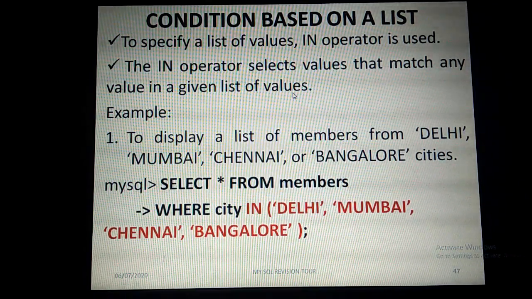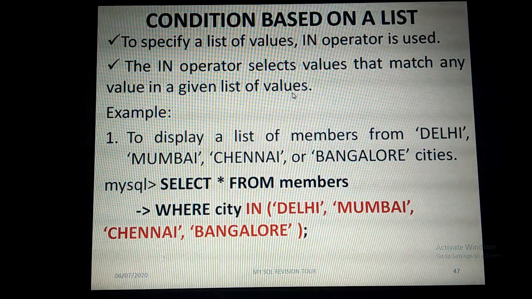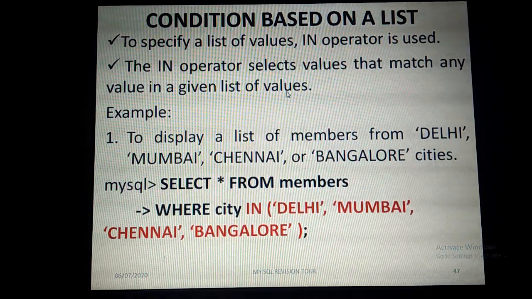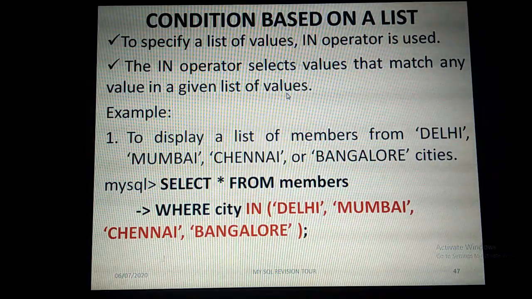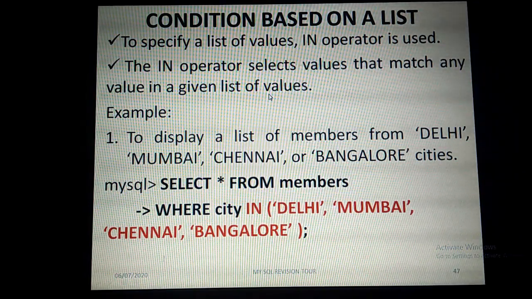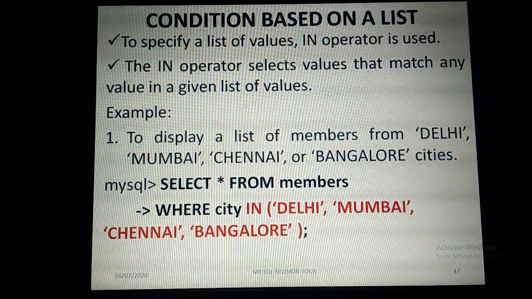So whatever values we want to match and display with the base table, if a match is found, those values are going to be displayed with the in operator. But with the not in operator, if the values don't match, only the remaining values will get displayed. Whatever values are not matching, those unmatched values are going to be displayed in case of the not in operator, that we will see in the next slide.